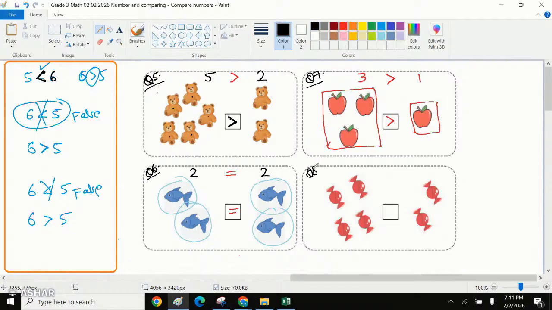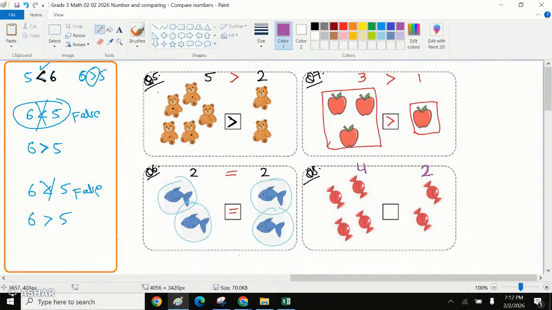What about question number 8? Rebecca, what about question number 8? In question number 8, we have 4 candies and we have 2 candies over here.